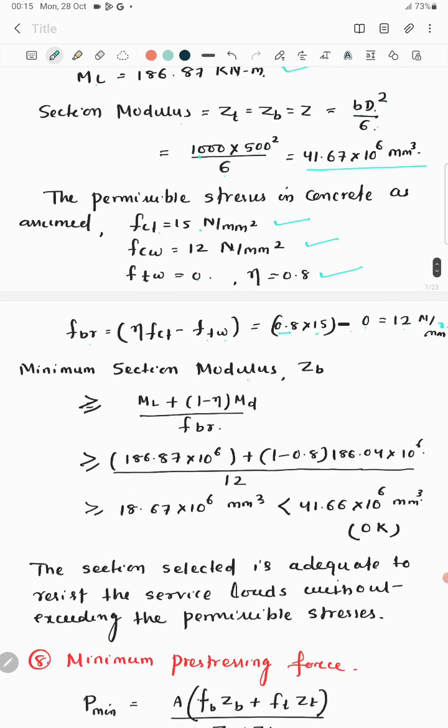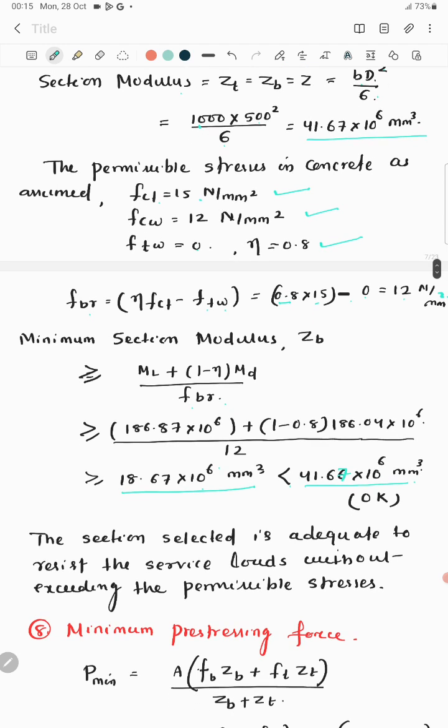The expression of minimum section modulus is that it should be more than (MN plus (1 minus eta) MD) divided by FBR. If you put all the values here, we got a value of 18.67 into 10 to the power 6, which is less than the calculated value, that is 41.67 into 10 to the power 6.